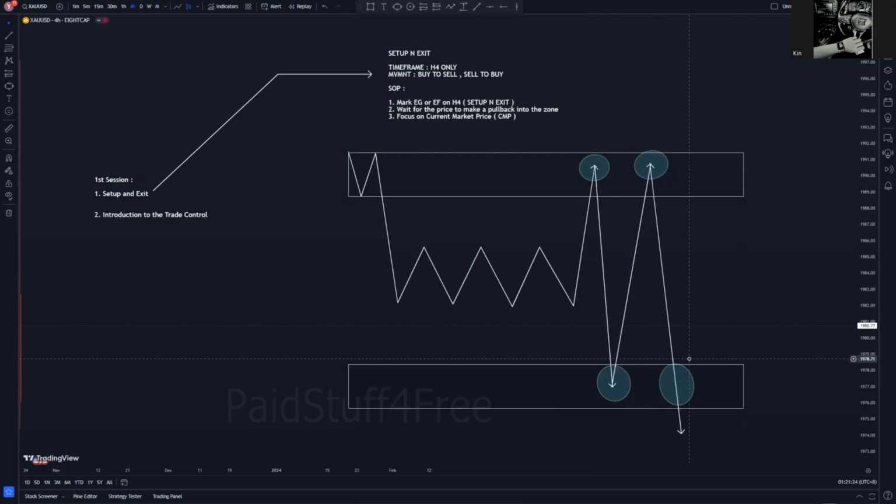All the answers, the whole storyline, will be told inside the current market price. That is the main reason why we need to focus on the CMP.